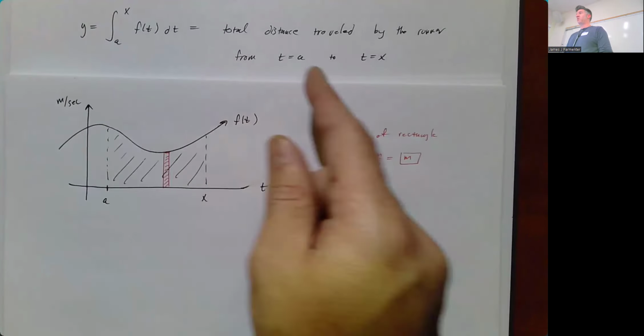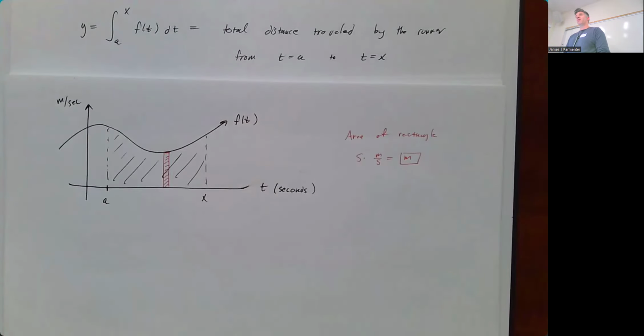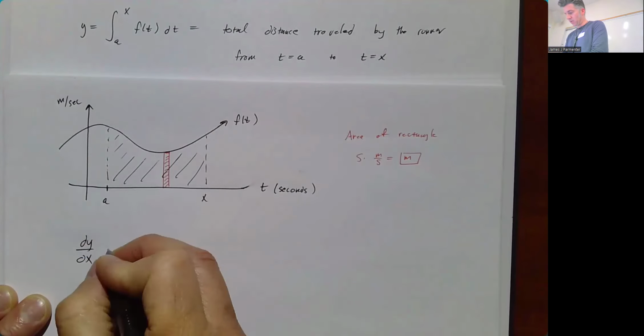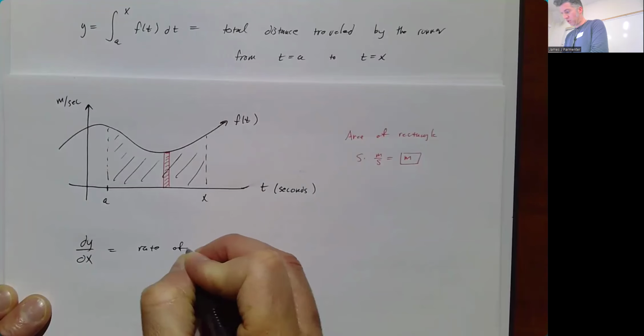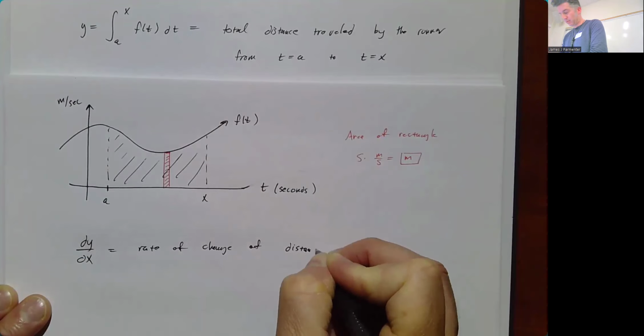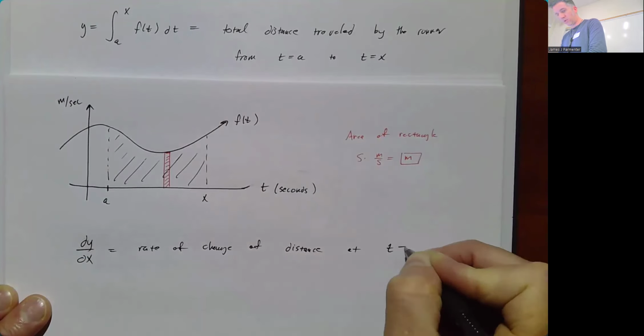All right, so if y is equal to the distance traveled, well, if you know someone's position as a function of time, you can find their rate of change, their velocity, by taking the first derivative. So we can say here that dy/dx is equal to the rate of change of the distance at time equal to x.